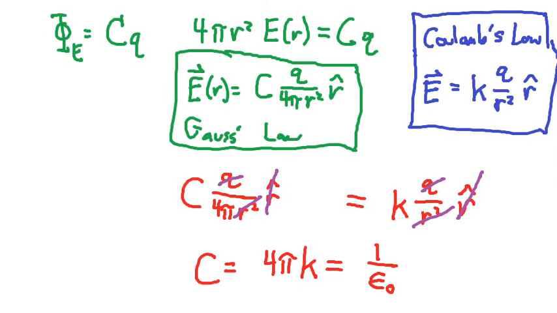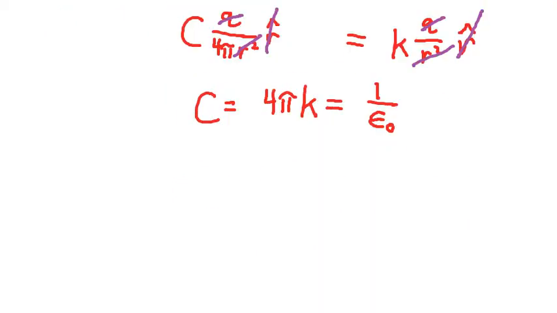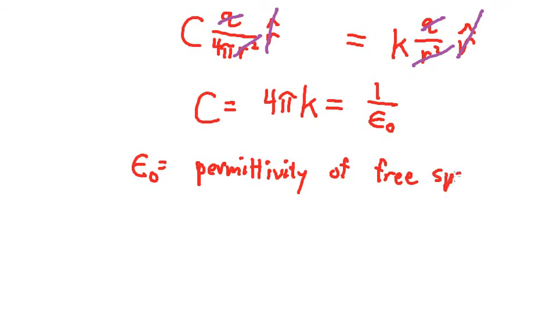multiplied by r hat. So now we take these two versions: this is the Coulomb's law version, and this is the Gauss's law version, and we set them equal.